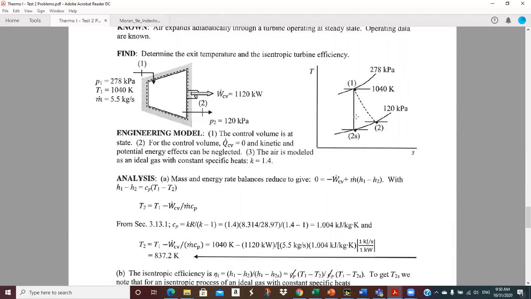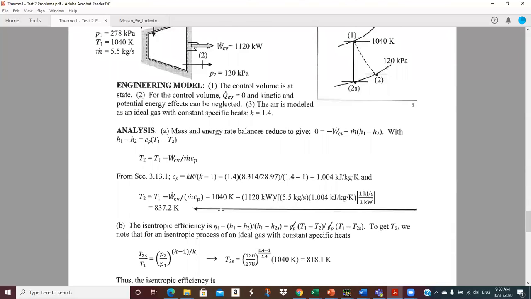This is isentropic, so I have equations that I can use directly to determine this temperature. Okay, so I need a specific heat, and I'm given K is 1.4, so this little expression allows me to calculate Cp from K using the specific gas constant.